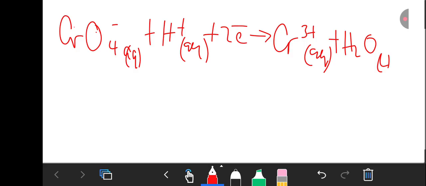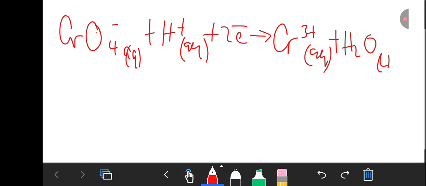So we can see that everything is in aqueous. We will start with what is undergoing oxidation, because that is what is on the anode. Then we go to what is undergoing reduction. Since they are in similar states, the electrode we need to put there is an inert electrode.